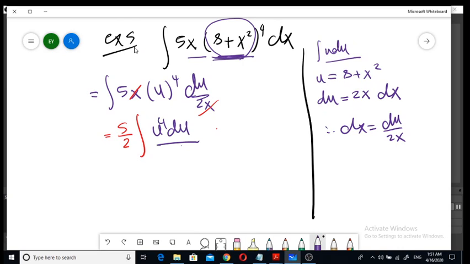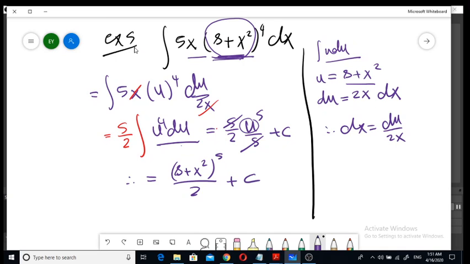So easily we can apply the rule, so it will be 5 over 2 u^5 over 5 plus c, and we can simplify 5 cancel with 5. And finally we are going to replace u by 8 plus x squared. Don't forget. So the final answer will be (8 plus x squared) all to the power 5 over 2 plus c.